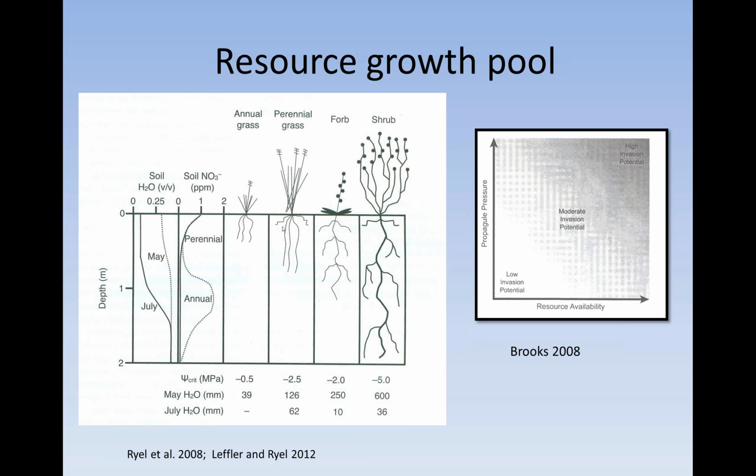And not just the available water, but if your water is highly available, then nitrogen can diffuse to the roots. But if water's on the dry end, there's no nitrogen diffusion to the roots. So you kind of have this resource availability, residual or propagule pressure that determines the outcome of your community.